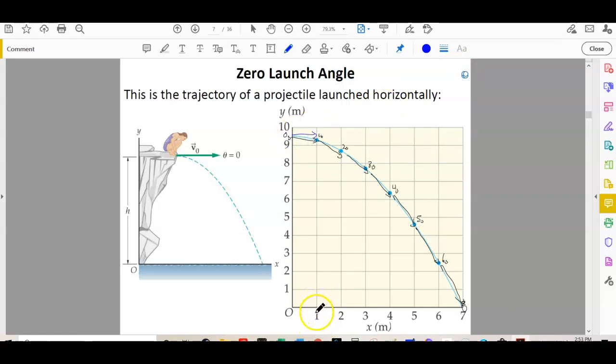In the first second, it traveled 1 meter. So at this point right here in the x direction, they're down here. And in the next second, it traveled another vector here. And in the third second, it traveled here. In the fourth second, it traveled there. 5th second, 6th second, from the 6th to 7th.